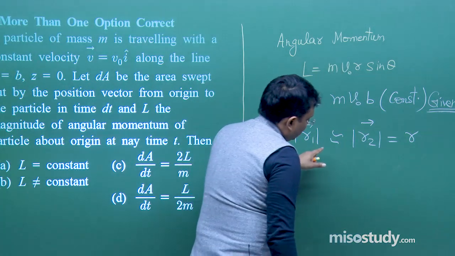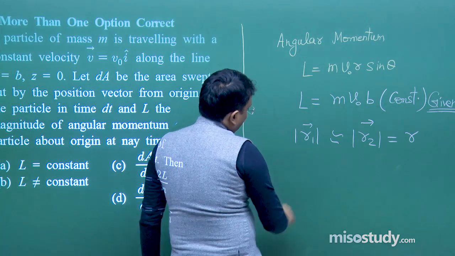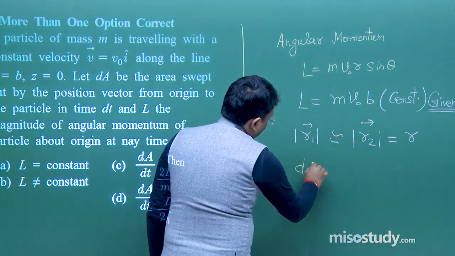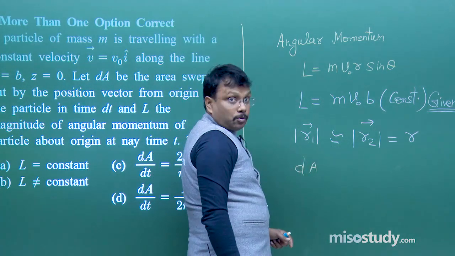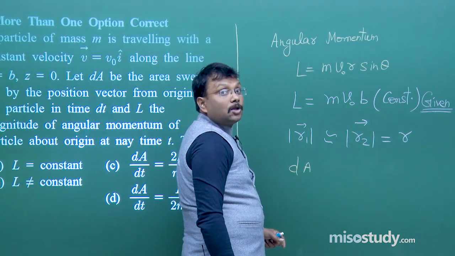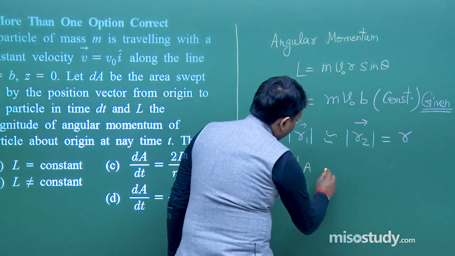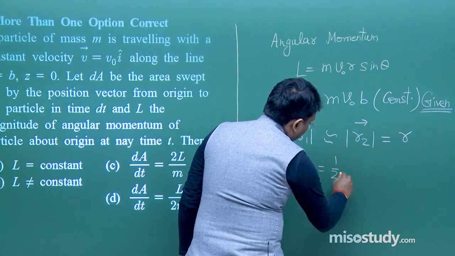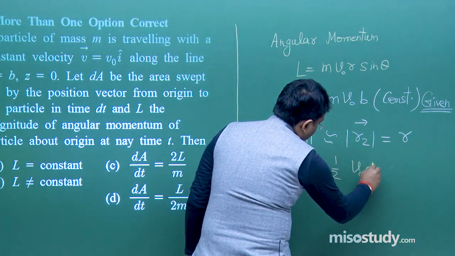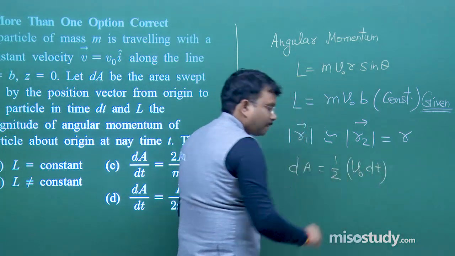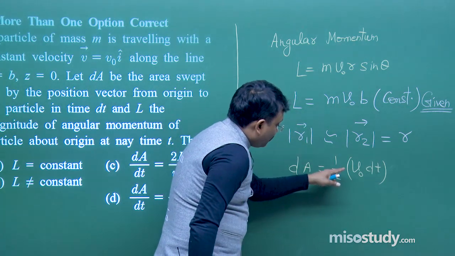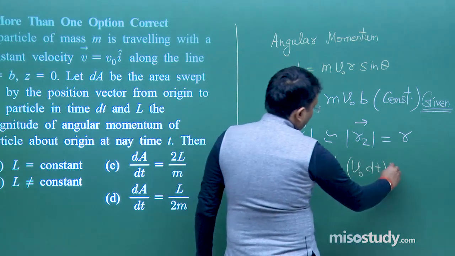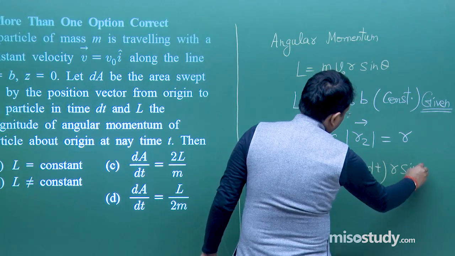This is something that we visualize. Now, from here I will say area swept out dA is equal to 1 by 2 v naught dt, half v naught dt r sin theta.